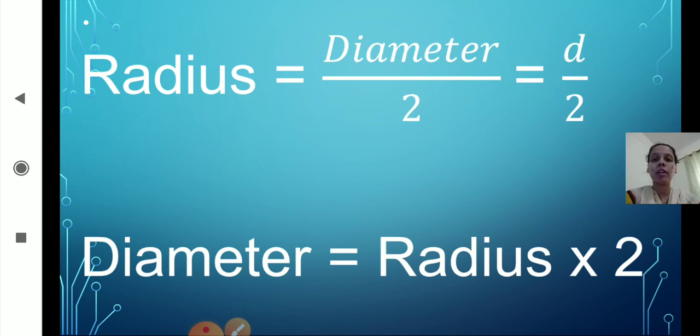Diameter is equal to radius multiplied by 2, because diameter is twice of radius and radius is half of the diameter. Okay, so to find out diameter, the formula is 2 multiplied by radius or radius multiplied by 2. And to find out radius, the formula is radius is equal to diameter upon 2, that is d upon 2.